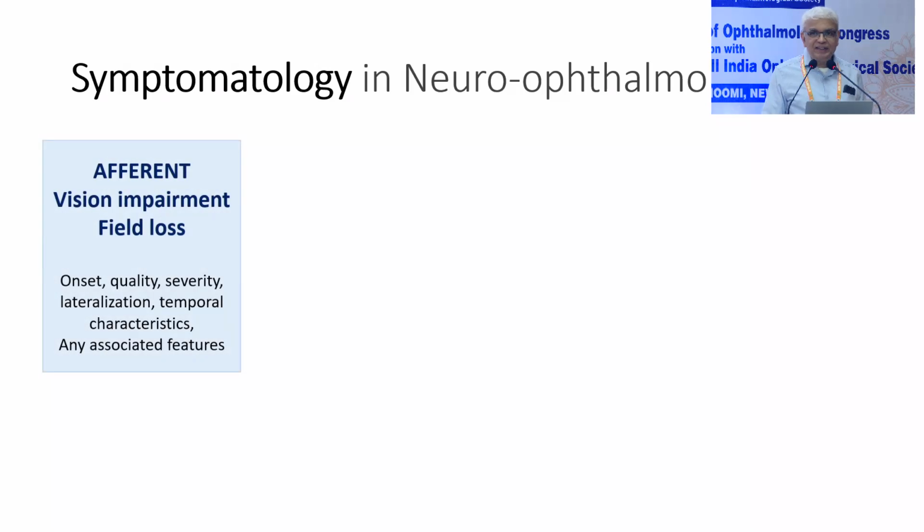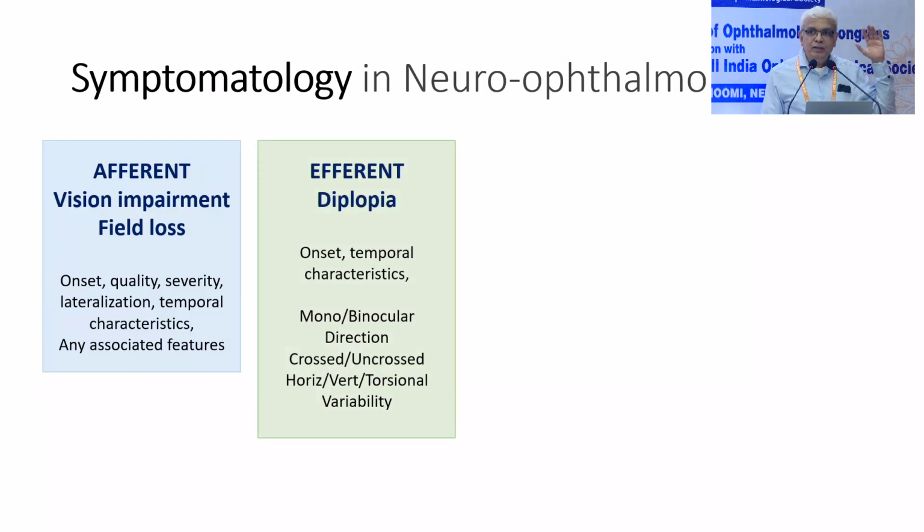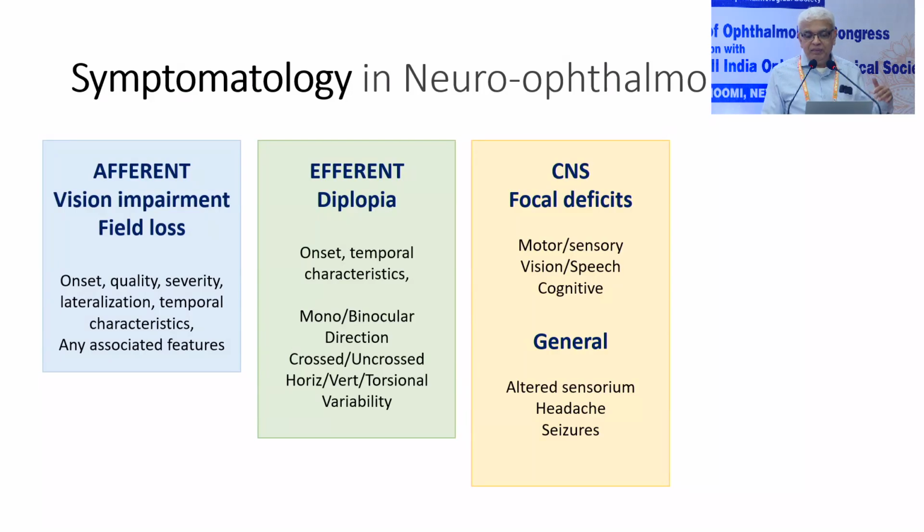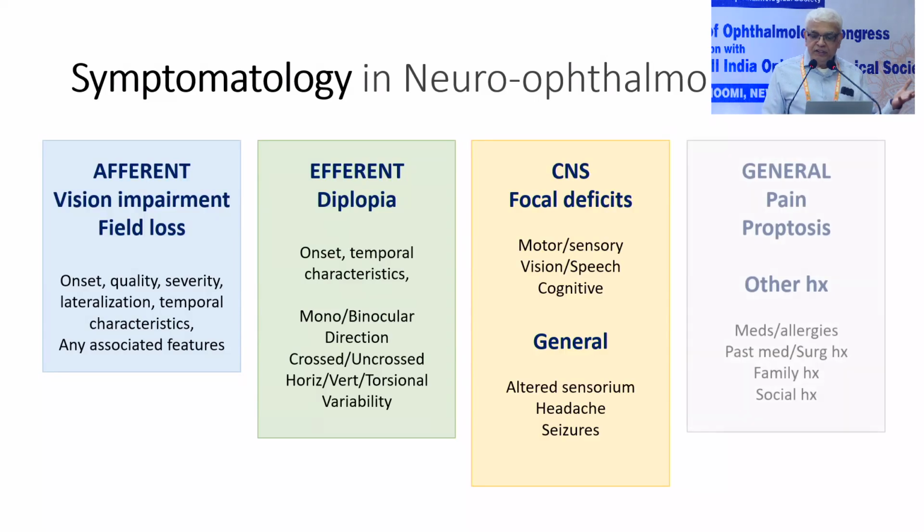I just thought I'd put a slide up here on simple symptomatology. It's useful to divide the neuro-ophthalmic history into categories. As you know, afferent issues are always vision related or field related. The efferent issues are usually diplopia, double vision of some sort. And then we have other history, which is basically CNS, focal or general deficits, and certain other general histories.